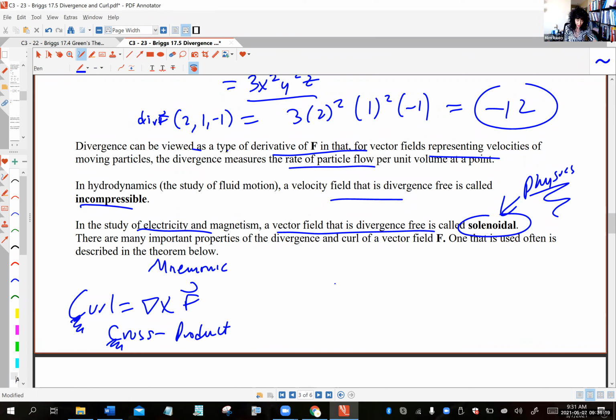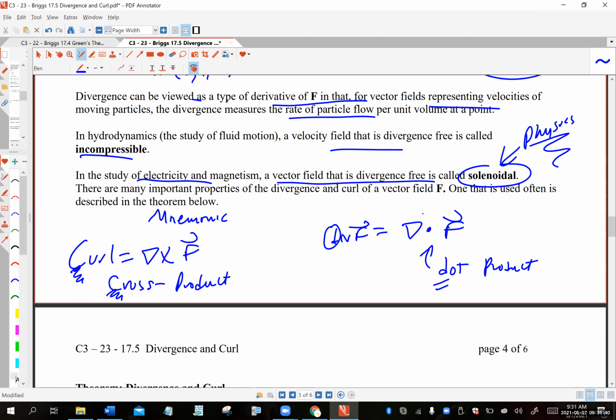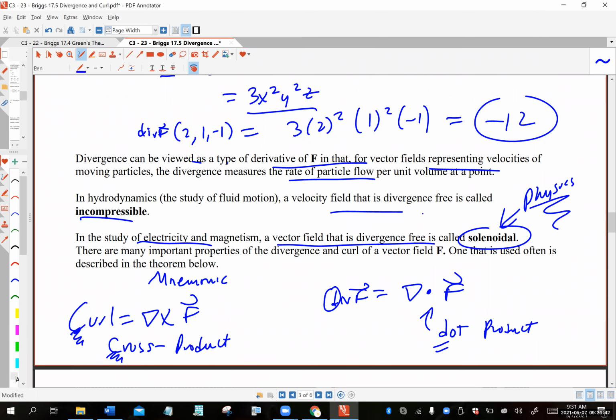Whereas divergence of F involves a dot product. And the word dot product starts with the letter D as in dog, and the word divergence starts with the letter D as in dog. Do you get it? Yeah. Curl, cross product, divergence, dot product. Yeah. Okay.